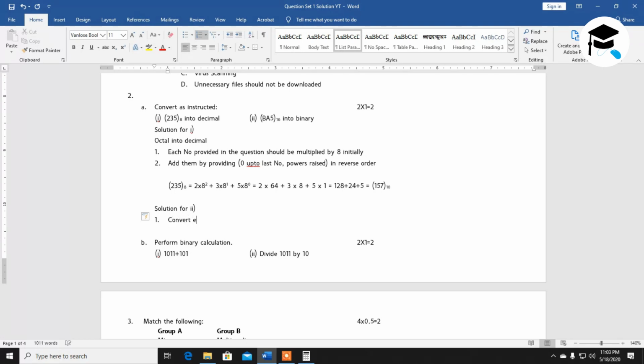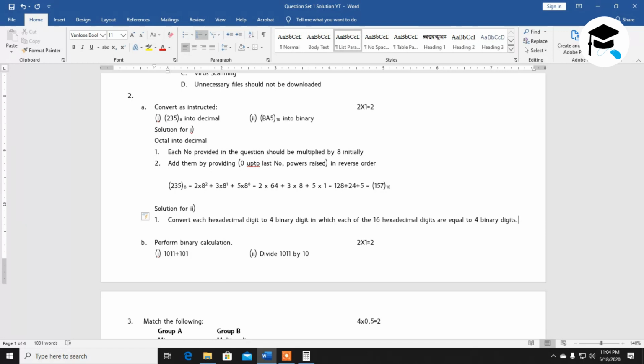First of all, what should we do? Convert each hexadecimal digit to 4 binary digits, in which each of the 16 hexadecimal digits is equal to 4 binary digits.